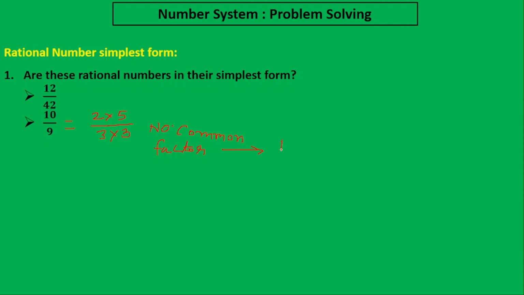I took these problems, these are very easy to understand. But I took this so that nothing is there to be doubted. Everything is clear. Every small problem is being discussed with the help of examples. So 10 by 9, 10 and 9 are coprime numbers. Hence their ratio, the rational number, will be in simplest form.